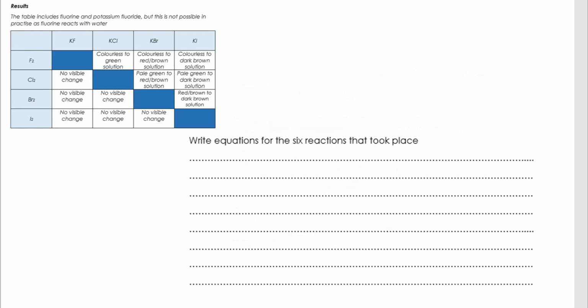I'd now like you to consider this question and try to write out the 6 equations where the reaction has taken place. So they're the 6 on the right hand side that are not no visible change. Have a go at them, and when you're ready, move on and we'll review.